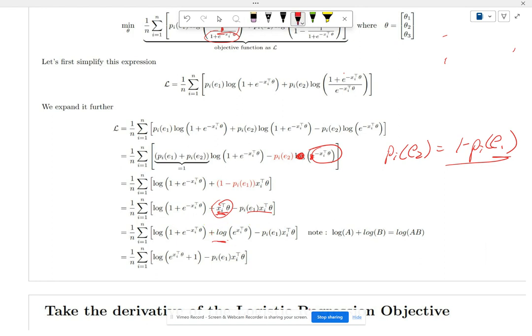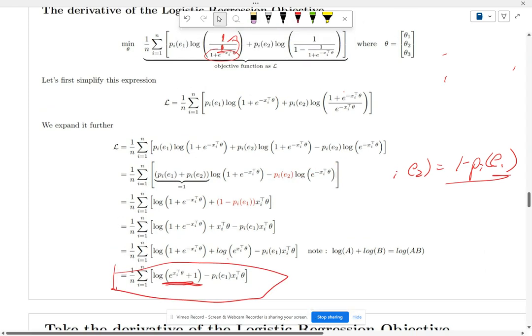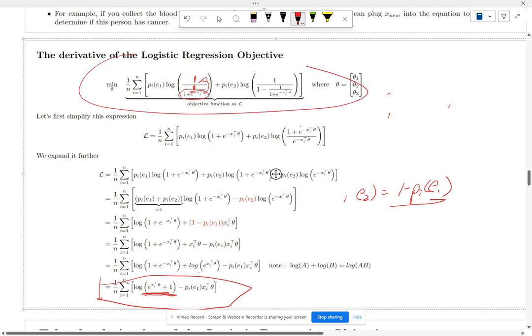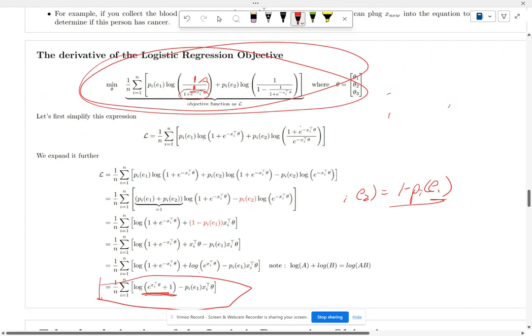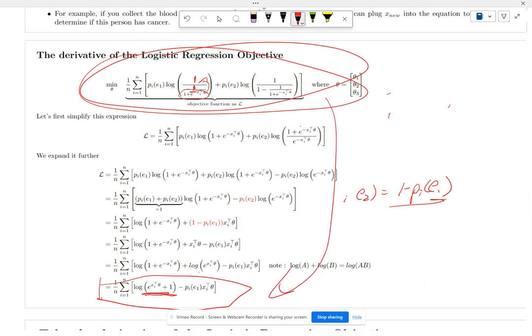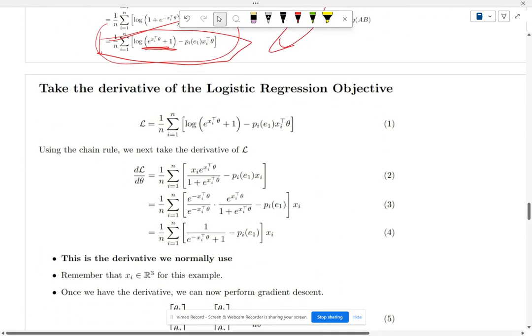So I multiply this here, which gives us this term. And that's it. So this is the simplified version. So we had this really complicated version, which we don't want to take the derivative of. We want to take the derivative of this. So now that we have this version, we're ready to take the derivative.